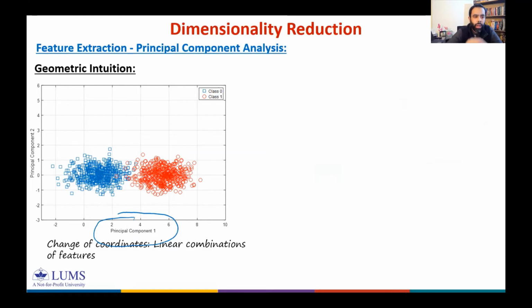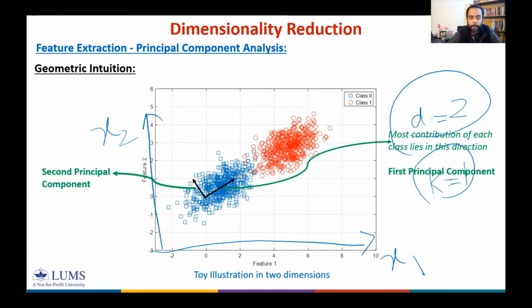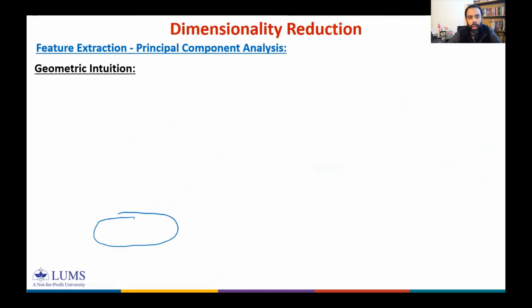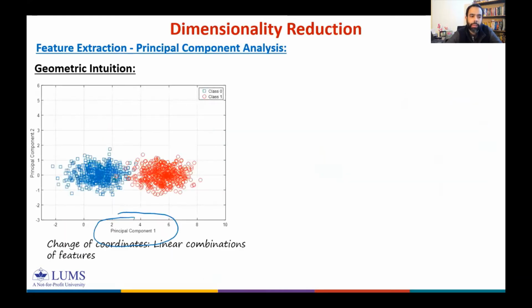So what we had was this, and what I obtained is this. This is simply a rotation of the data, or orienting your data such that it is aligned along the principal components, right? This is the first principal component, this is the second principal component.